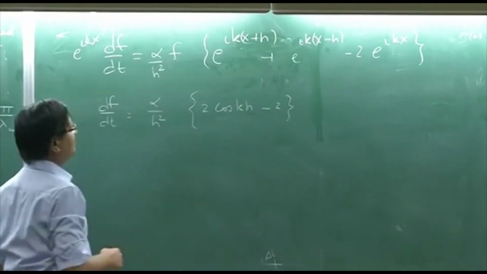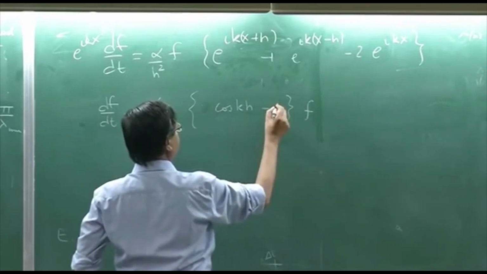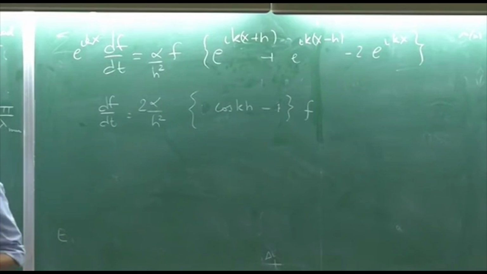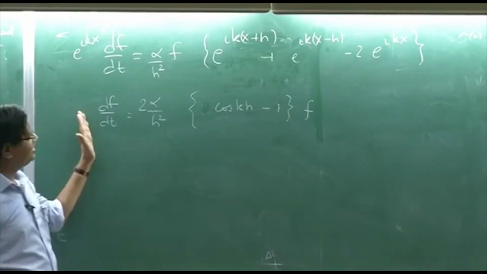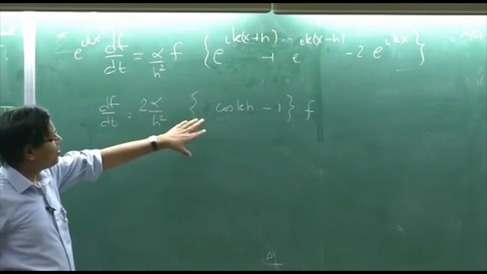So e to the i k x got cancelled and there is an f here. So df by dt looks like this. Convert it to ODEs, and we know how to solve ODEs. Now does it tell you something about the stability? df by dt is this equation. So what's the bound on this?